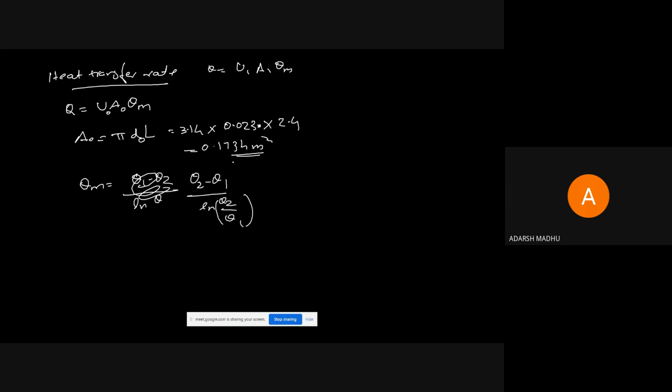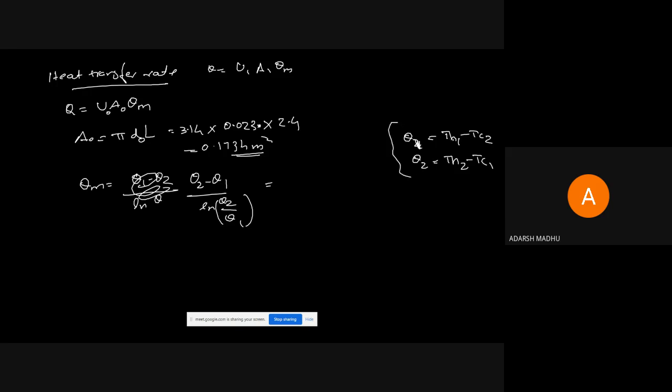Here theta 1 equals th1 minus tc2, and theta 2 equals th2 minus tc1.